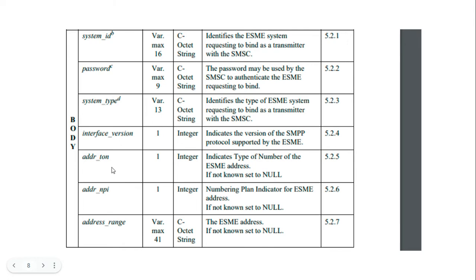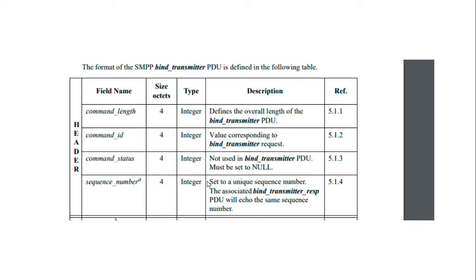Then the address TON, address NPI and address range. These are the addresses provided by the operator. If not applicable, you can set them to null, if the address is not known. So the overall structure is like this.